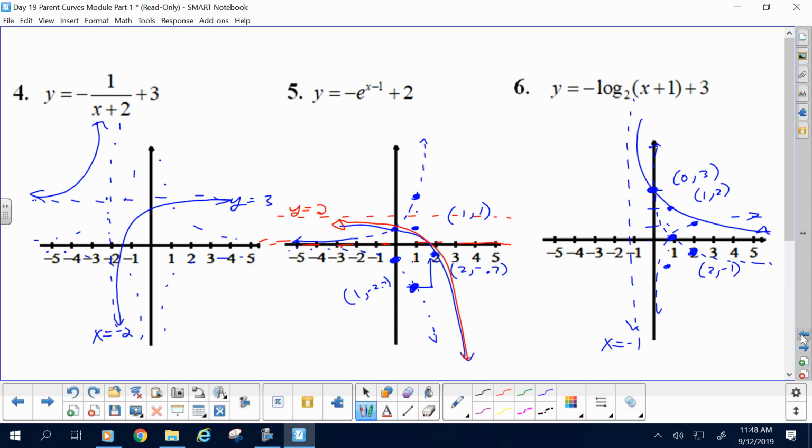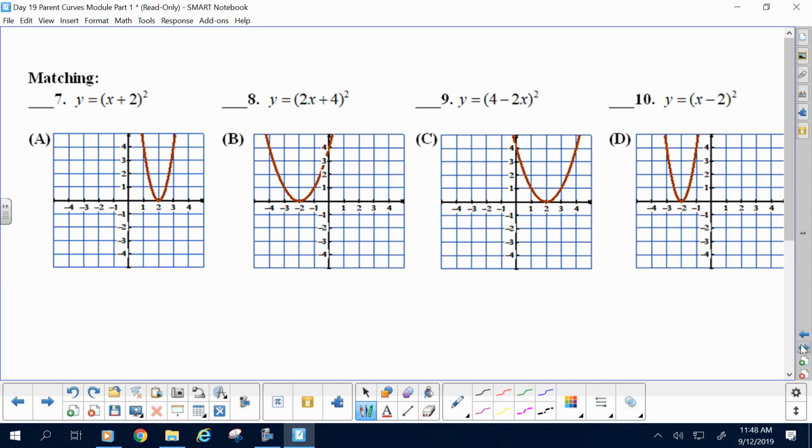Yeah, x equals negative 1. No, there's not a horizontal asymptote. Logs go forever up and forever down. Okay. So what do you say? Left 2 or right 2? Left 2. Narrower or normal width? Normal width. So you say B or D? B.